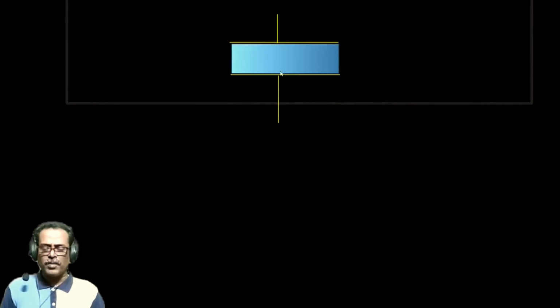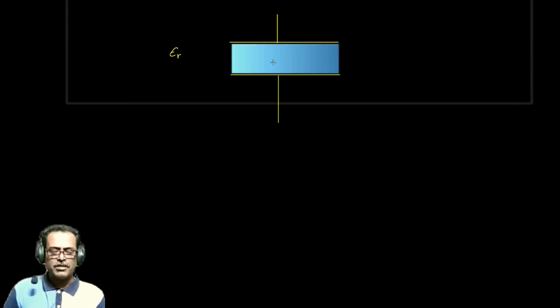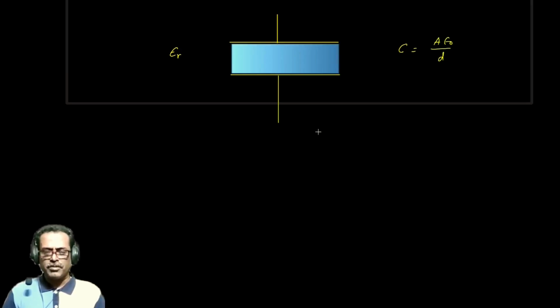Now suppose there are two parallel plates filled with dielectric slab of dielectric constant epsilon r or K. Now the capacitance of the capacitor C is equal to A epsilon 0 divided by D, D is the separation between the two plates.